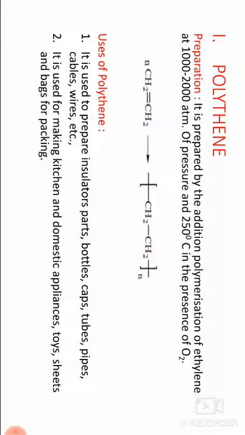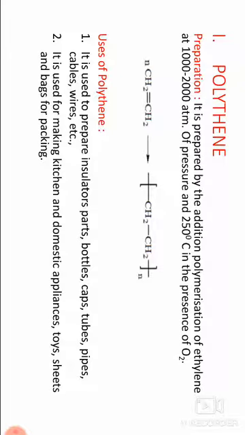The ethylene molecule contains 2 carbons and 4 hydrogens and one double bond, the double bond containing one sigma bond and one pi bond. The sigma bond is the strong bond and the pi bond is the weak bond.